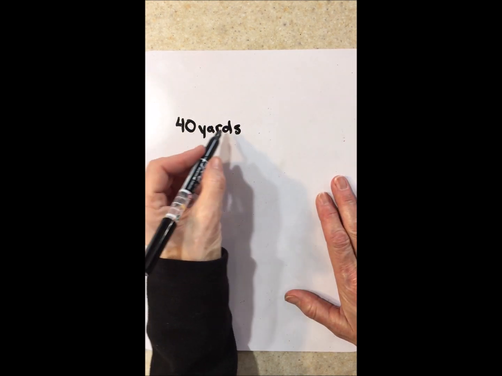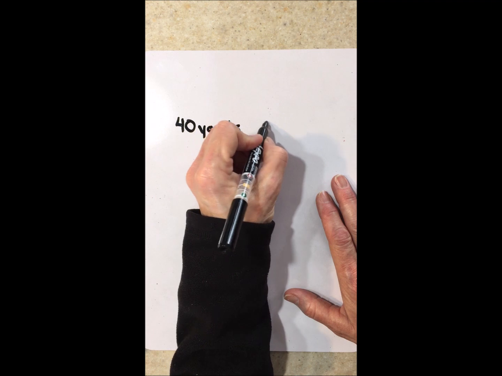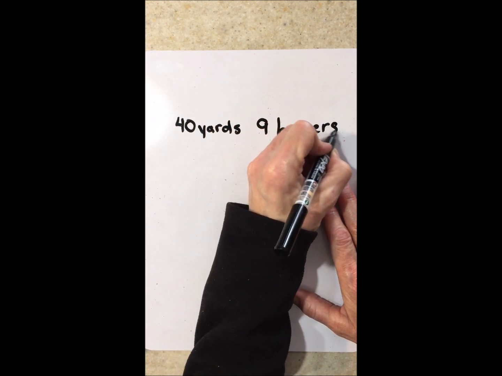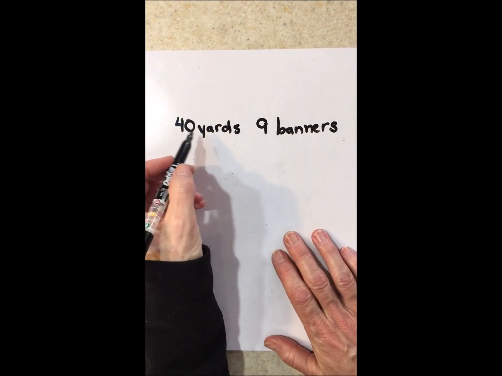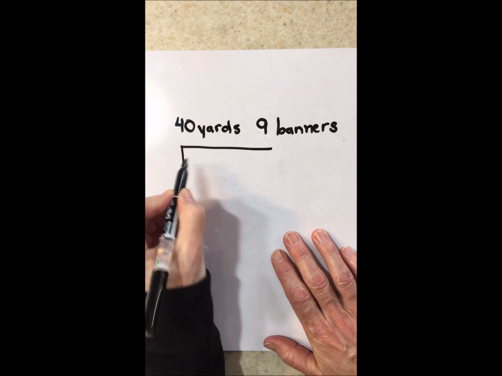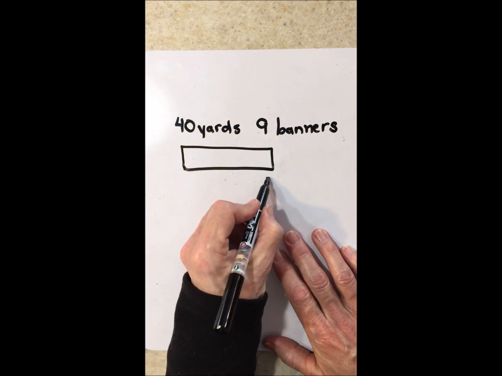That'd be like long pieces of fabric, 40 yards of fabric, and it's being broken into 9 banners. And they would like you to use visuals today, so we're going to draw 9 banners, meaning a banner like for a school might be, could be long like this maybe, and maybe you'd hang it in your hallway.